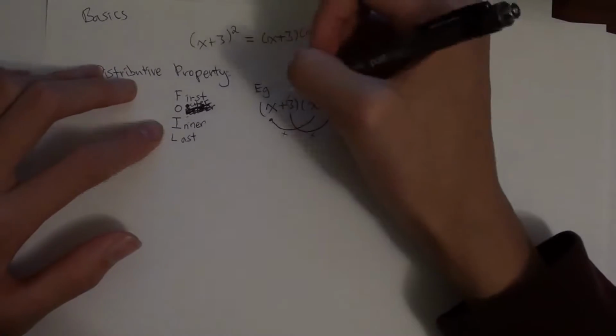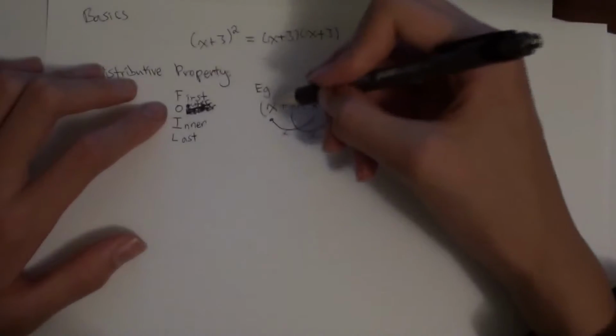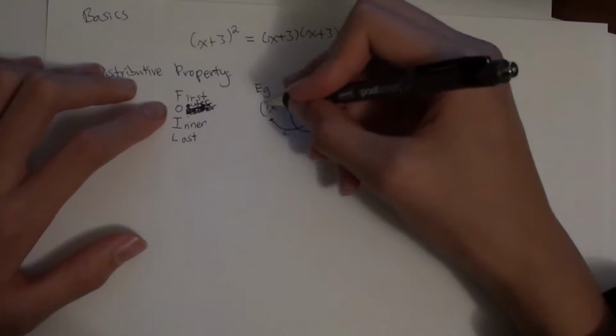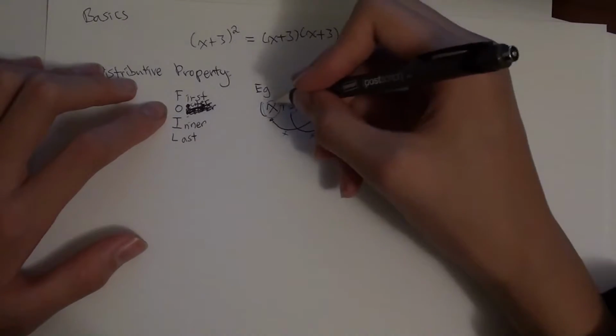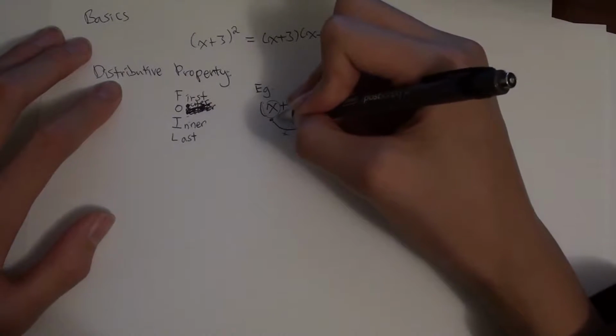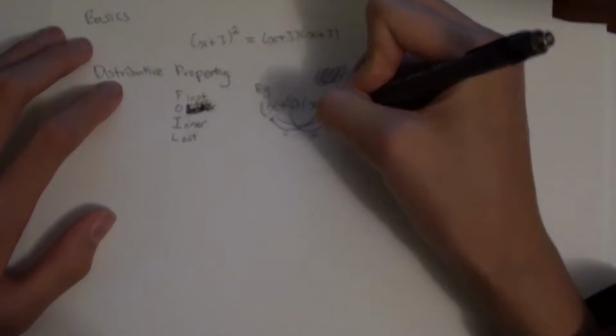Oh, sorry, 3 times 3 is actually last. Outer would simply mean x times 3, the two outer variables. x and 3, see, they're on the outside of this whole polynomial. So you would multiply these two together.